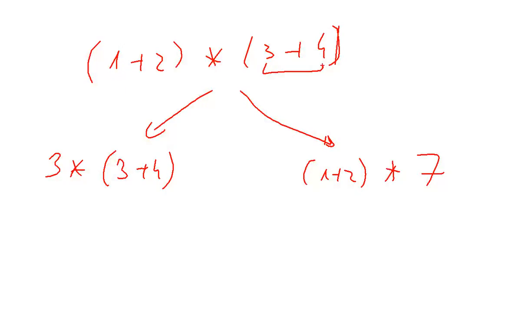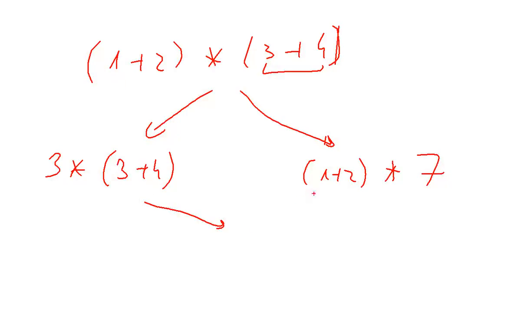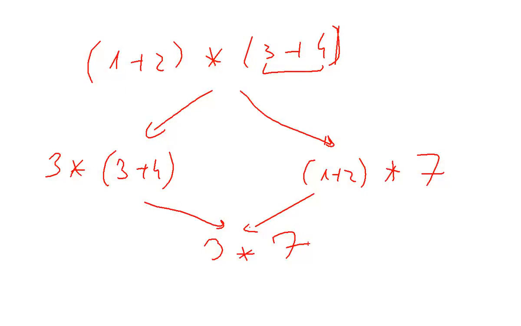So the fact that I have a contraction here, anywhere inside a more complex expression, allows me to substitute that expression by its contraction. Okay? This is obviously mathematically valid, right? And notice the fact that if I continue this, I'm going to get to the same result, which is going to be 3 times 7, right?